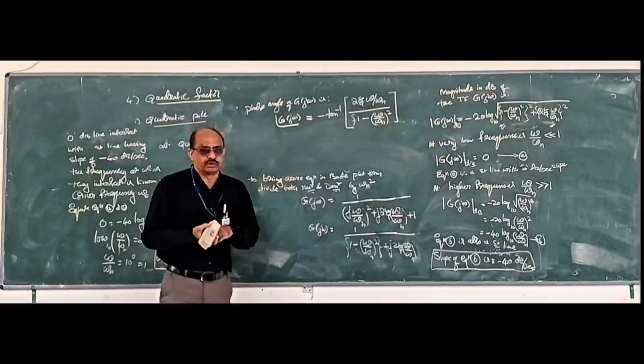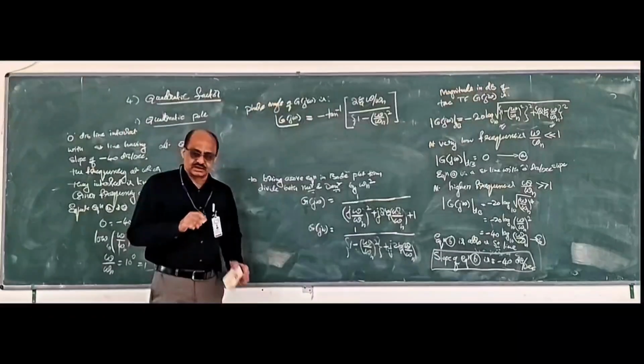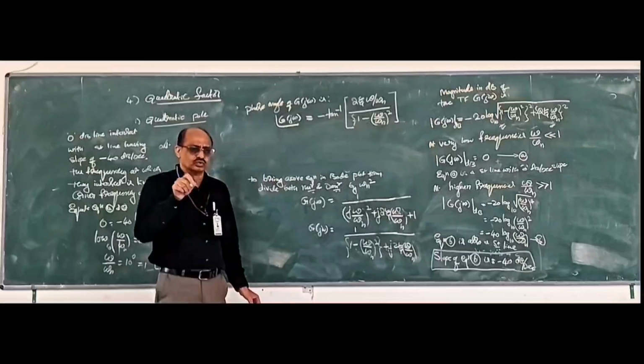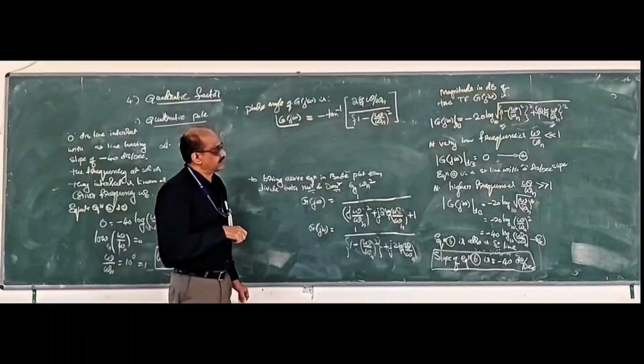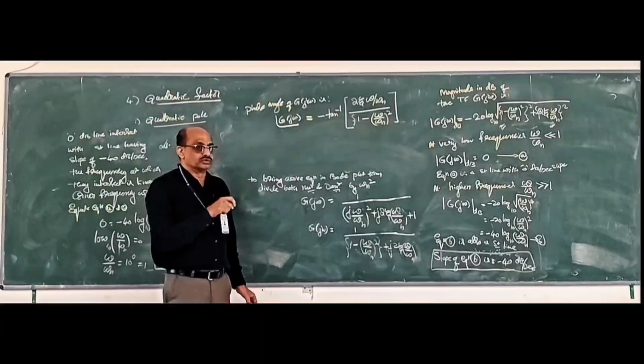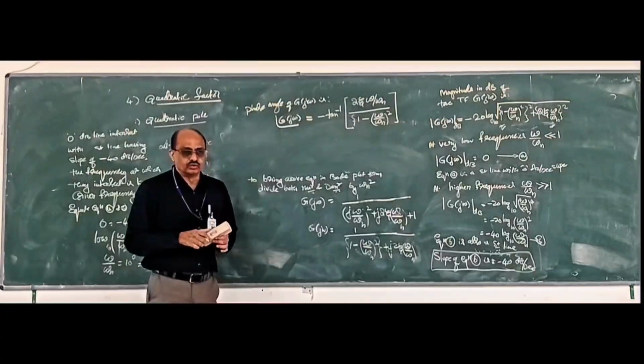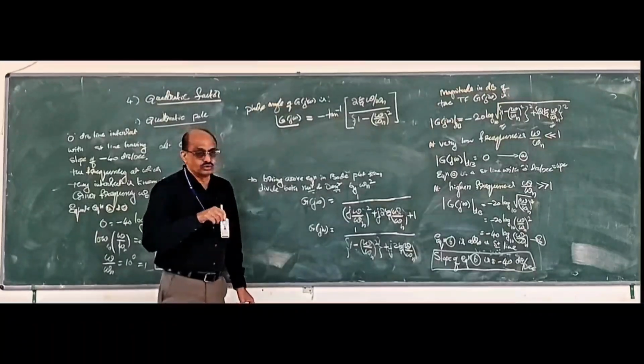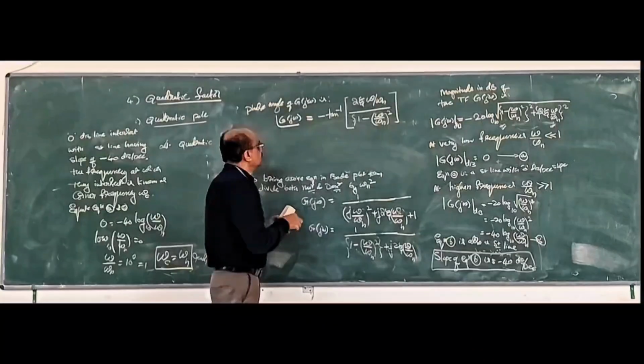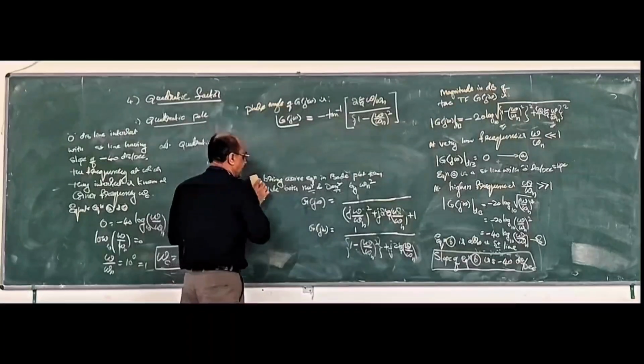In frequency domain, usually omega by omega n is written with a letter u, so in some texts they take 2 zeta u by 1 minus u square. Anyway, it is the phase angle.